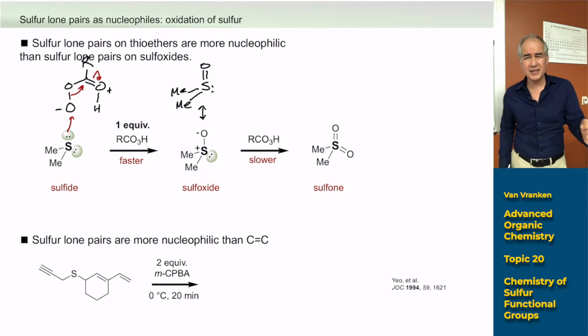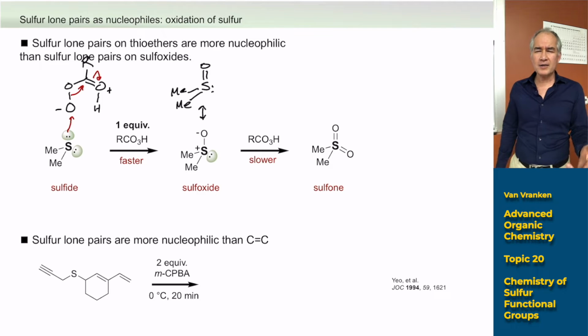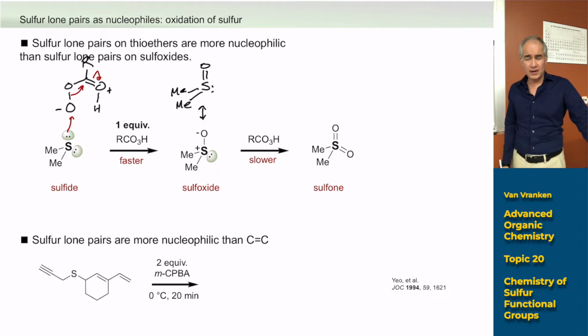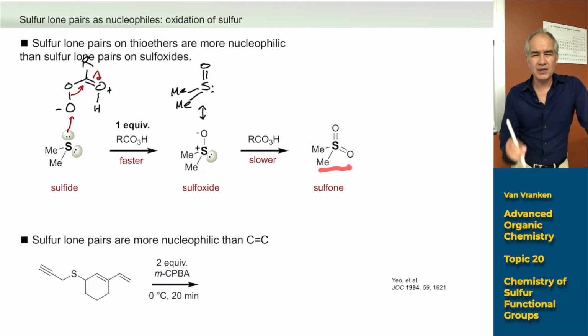If we treat this with a second equivalent of MCPBA, or hydrogen peroxide, or chlorine, Cl2, with a weak chlorine-chlorine bond, it's the lone pairs here on this sulfur atom that are going to react. And so, doesn't matter which resonance structure we use, we're going to end up with a sulfone if we treat this with a second equivalent of an oxidizing agent like MCPBA.